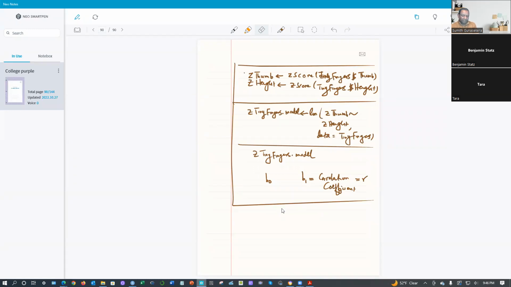As we do all the time, there are two versions of this whole discussion. The whole discussion: the population version and the sample version.